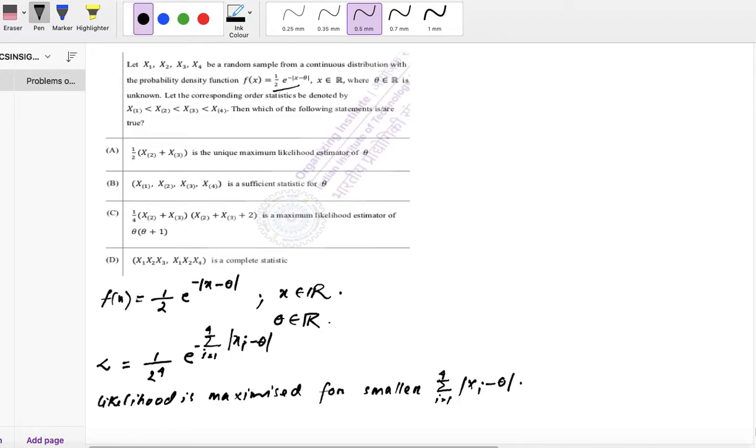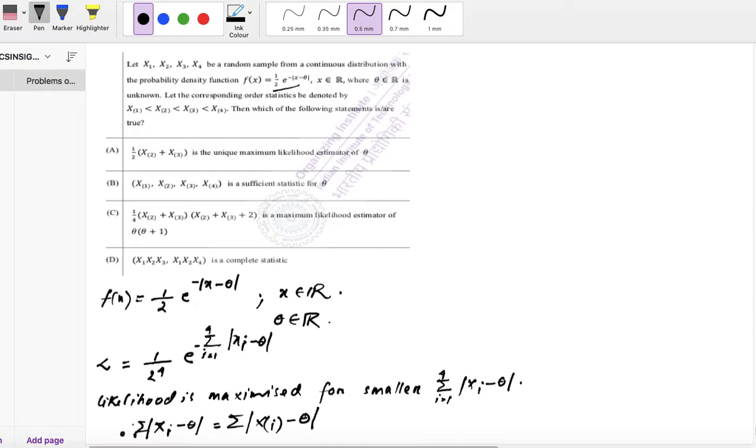So what we can write, xi minus theta. If we write xi minus theta by ordering the xi's, will the summation change? No, it will remain the same.